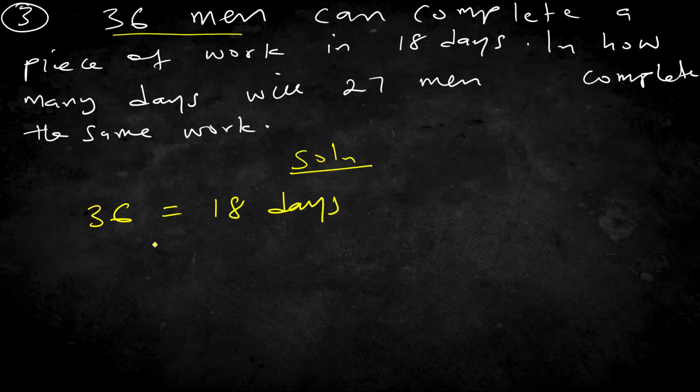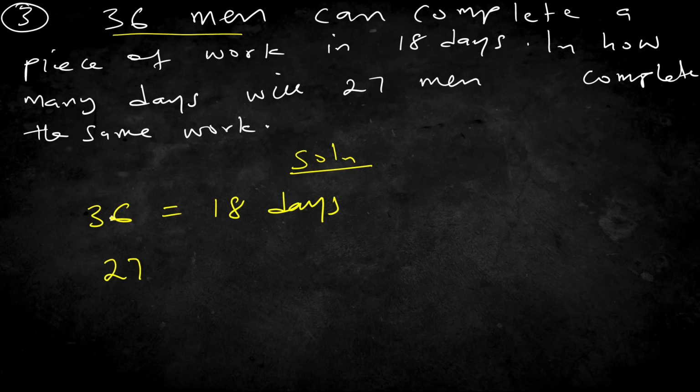So we know 36 men with 18 days. We know any number less than 36 will use more days. This one is very simple. So 27 men are going to use more days because they are less than this.